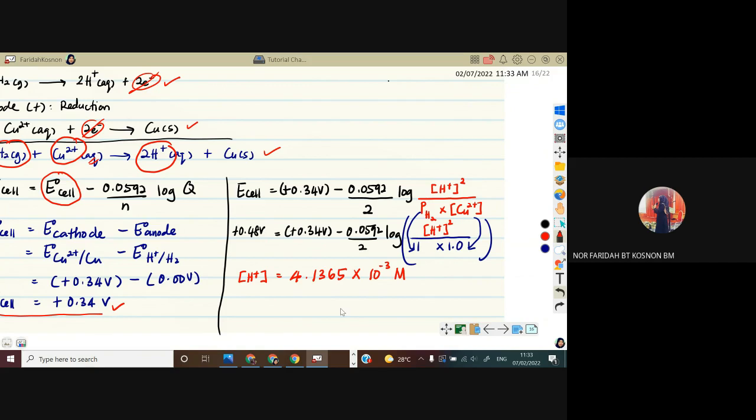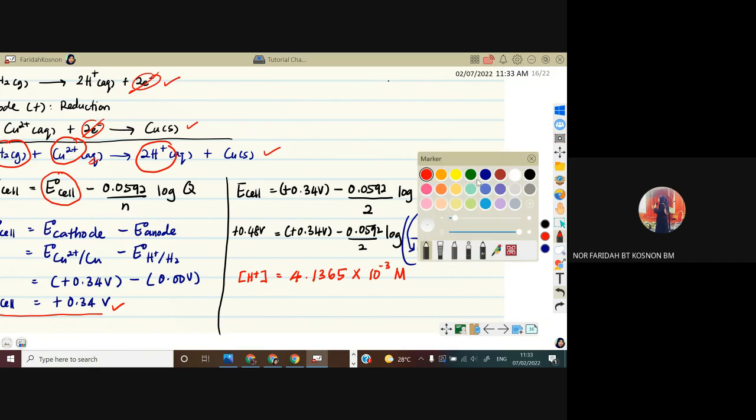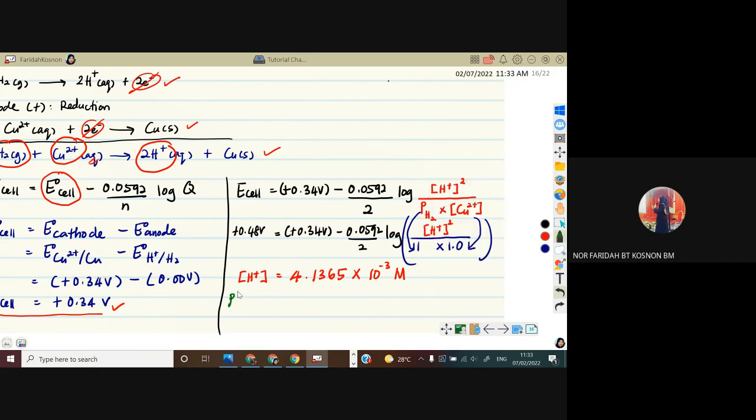Soalan bukan suruh cari concentration H plus sahaja. Actually soalan suruh cari pH. So, the formula to calculate the pH is pH equals to negative log H plus. Ini dah belajar SEM 1 chapter 7. Okay, so by using the value of H plus here, you will get the pH lebih kurang, saya beri saja kat sini jawapan akhir, 2.36.